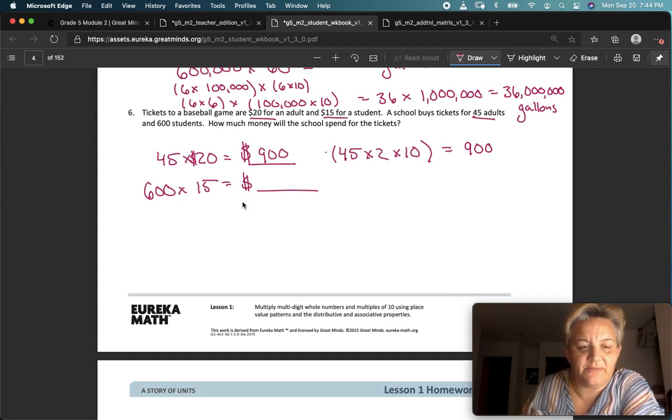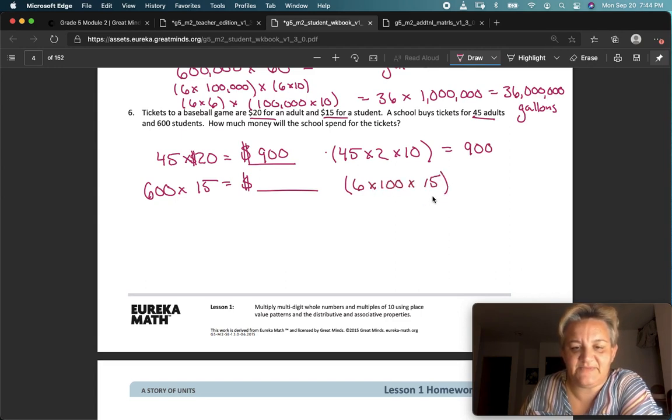Now, over here, I'm going to multiply this. I'm going to split this out. 6 times 100 times 15. And 6 times 15, if you can't figure that out in your head, is 90, right? And 90 times 100 equals 9,000. Okay, is that right?